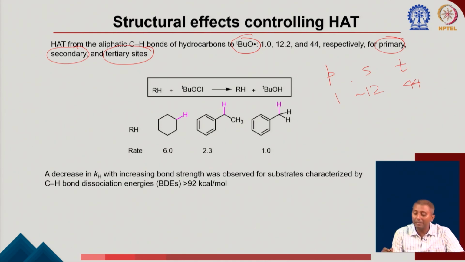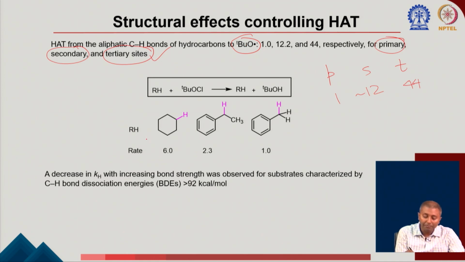Again you can clearly see that the CH will be more hydridic, so you have a more electron rich, that means a better nucleophilic hydrogen donor. That is why the tertiary CH is going to participate in the hydrogen atom transfer faster, because the tert-butoxy radical is already an electrophilic radical.